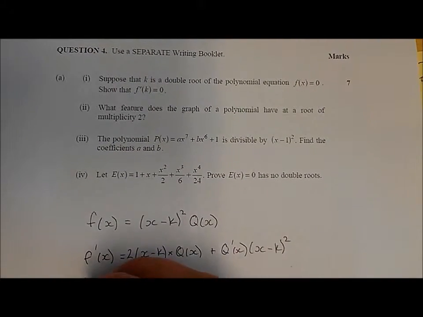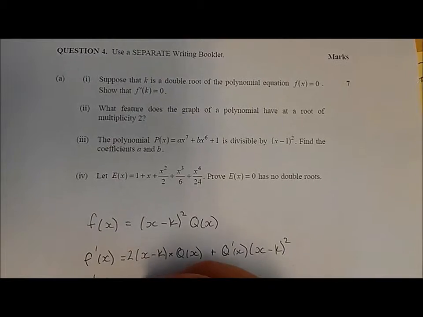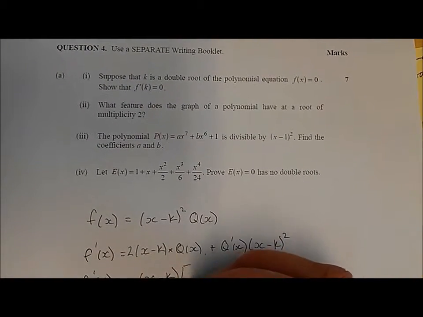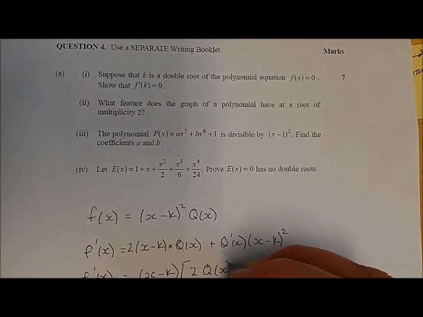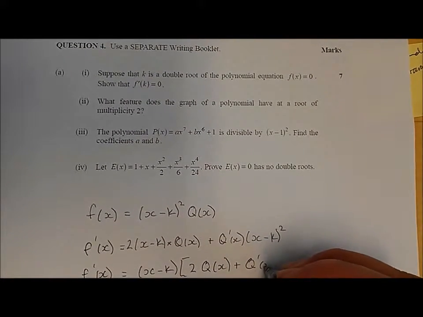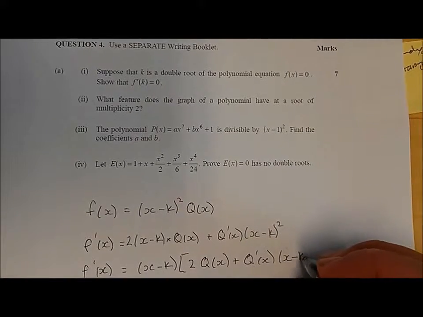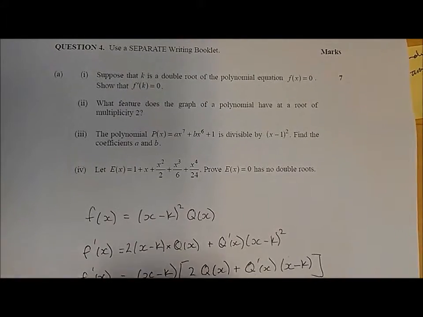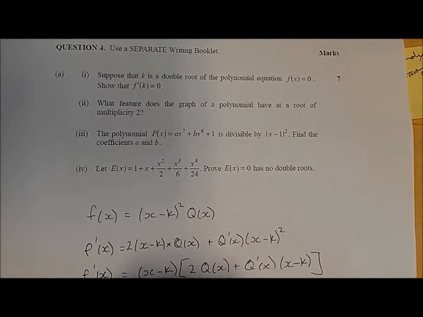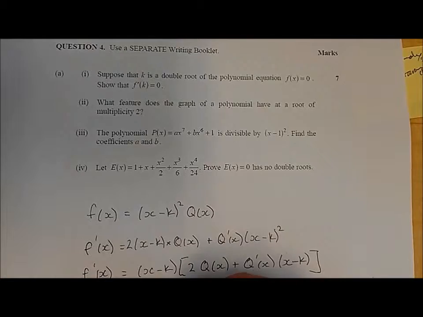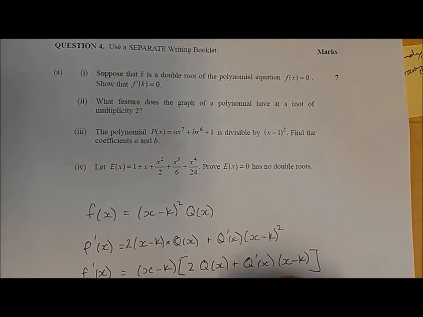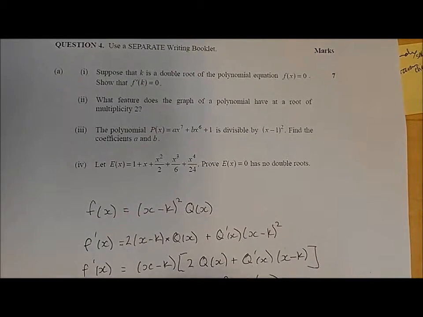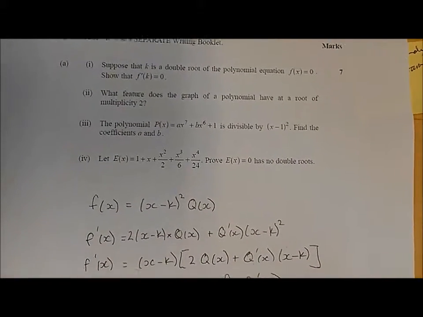Almost there. f dash of x is equal to x minus k outside of 2 q of x plus q dash of x, x minus k, because it has a common factor of x minus k. So therefore, x minus k is a factor of f dash of x, so therefore f dash of k must equal 0.